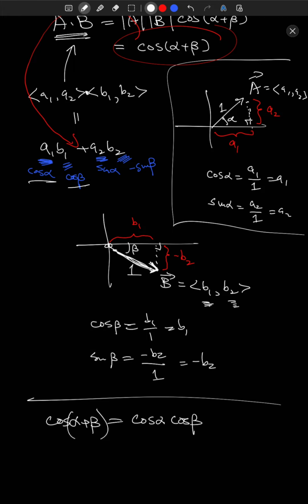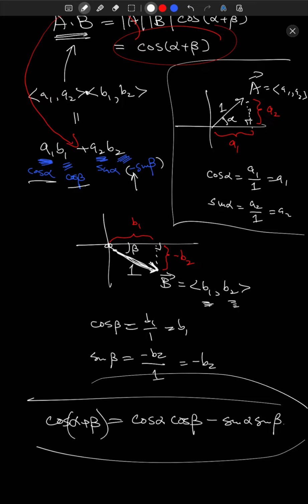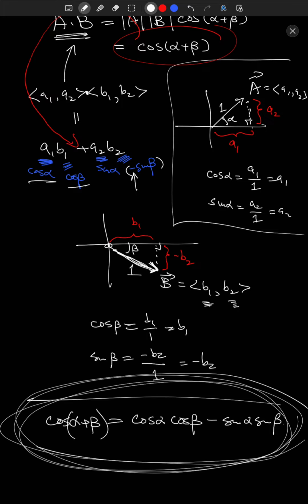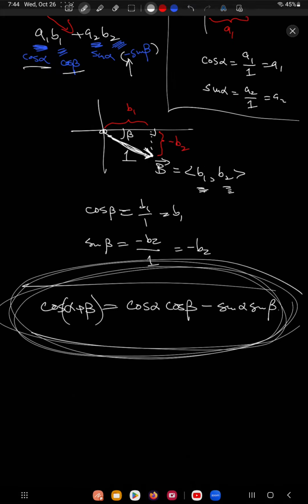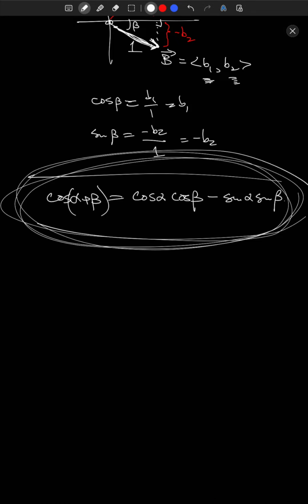That's the first one here, next one here. And then we have a minus sign right there, right? This is a product. So we have minus sine alpha, sine beta. Okay, and that's it. That was the formula that we had a few sections ago for adding cosine of the sum of two angles.